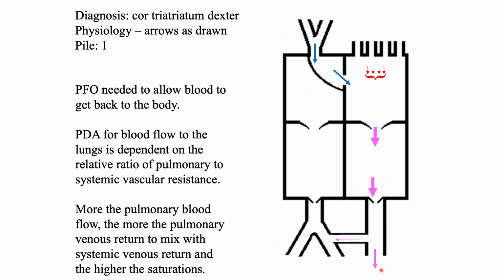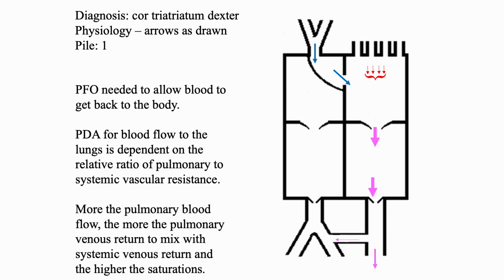Now you have to remember, the more the pulmonary blood flow, the more blood will go to the lungs, the more oxygenated blood will come back into the left atrium, and then the higher will be the saturation down below to the body. So the oxygen saturation will depend on the PVR and also upon how much pulmonary blood flow eventually makes it back.